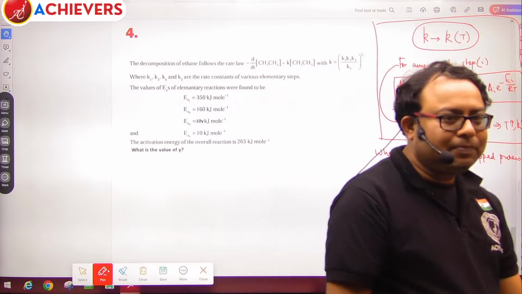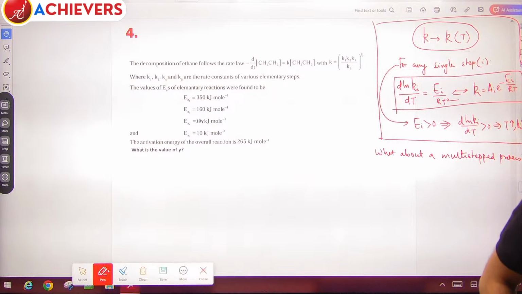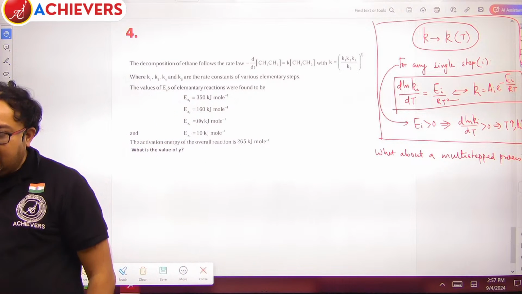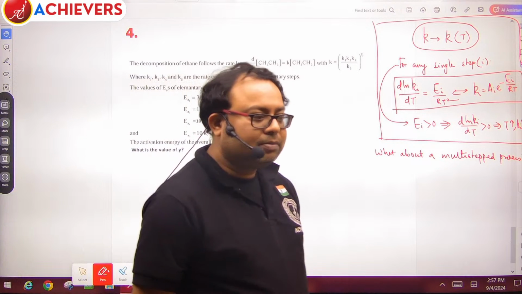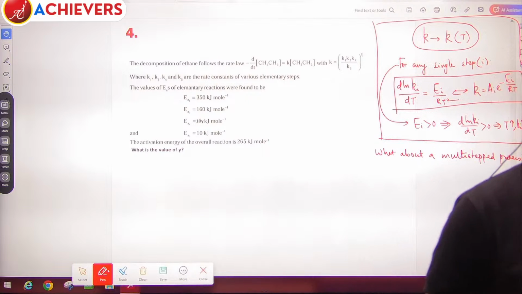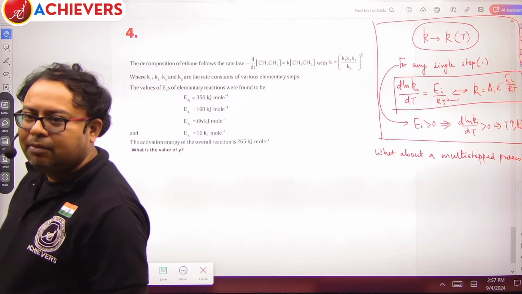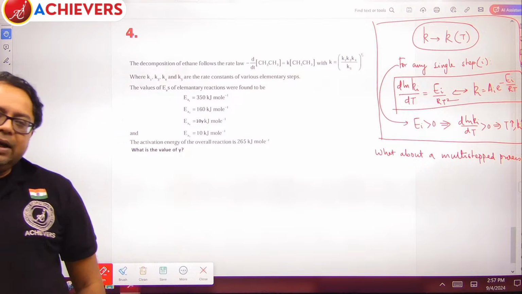Yes or no? Is the Arrhenius equation applicable for a multi-step process? The answer is a bit confusing.